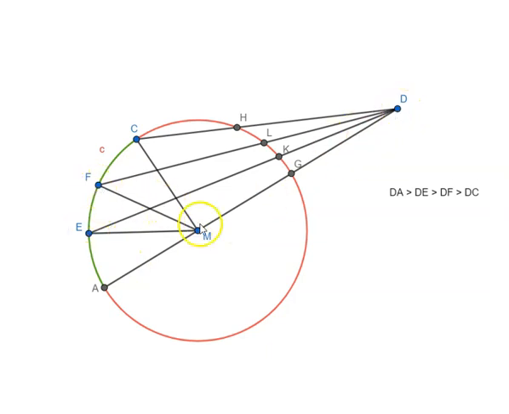Again, same logic. FM plus MD is equal to EM plus MD, because these are radii of the same circle, and MD is the same for both of them, so they will be equal. And here again, angle EMD is greater than angle FMD, so it will subtend a greater side.